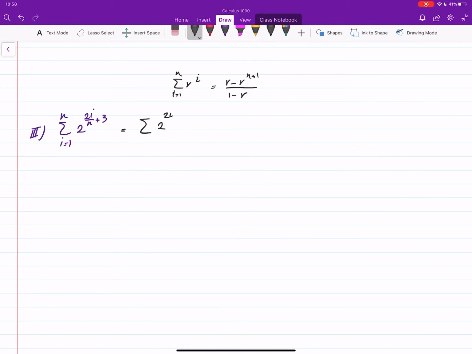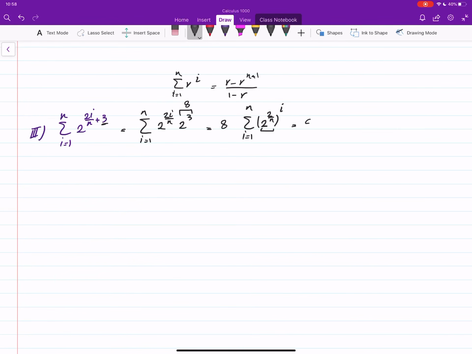So first, we get rid of that 3 by applying this rule here. And you see, this is just 8. This is constant. I can put it outside. And 2 to the power 2i over n, I can write as (2 to the power 2 over n) to the power i, i going from 1 to n. And now this is r. This is what we wanted to have as r.